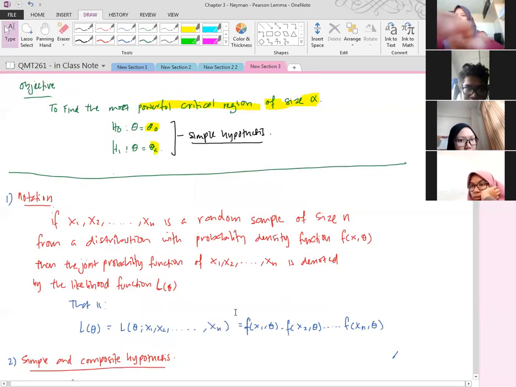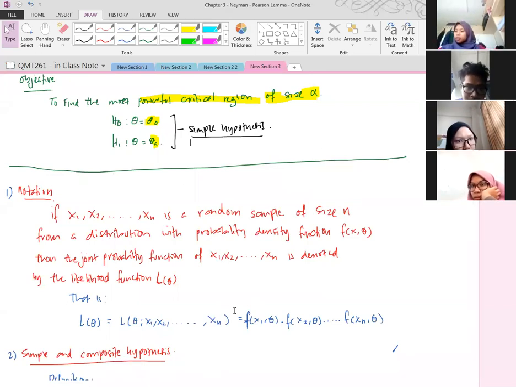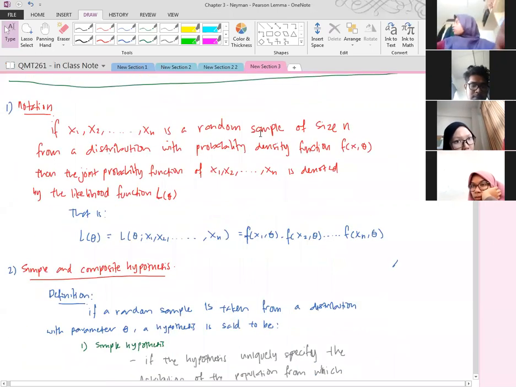Before we start with the Neyman-Pearson Lemma, we need to understand some notation and terms: first the likelihood function, and another one is simple and composite hypothesis. In Neyman-Pearson Lemma, we are going to use a likelihood function.